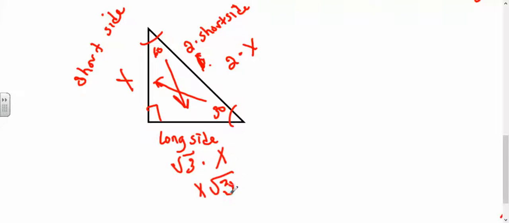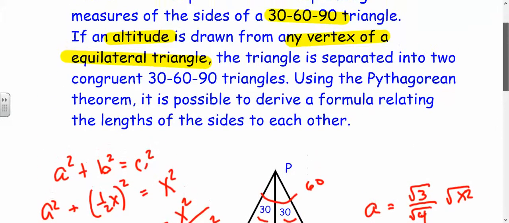So this is our relationship that we want to always remember. Across from the short side is your x value. Across from the long side is your x square root of 3, or the short side times the square root of 3. And then our hypotenuse is always twice the short side. So that's what's written right here.